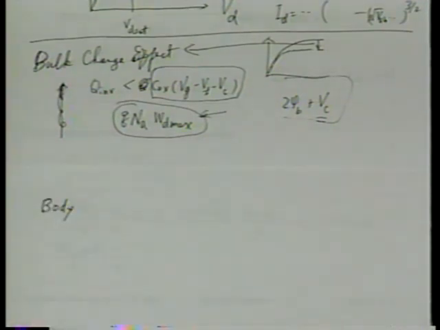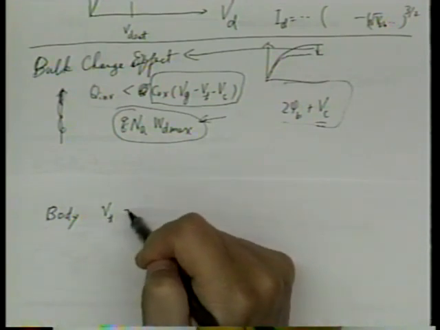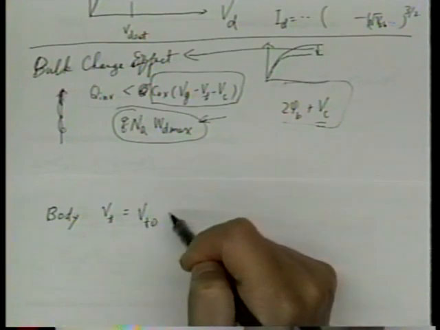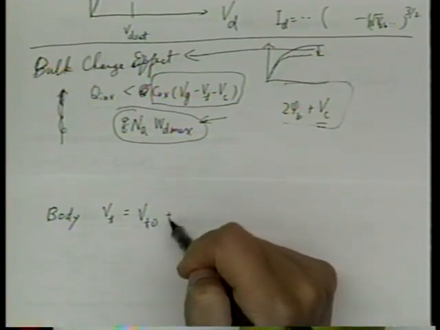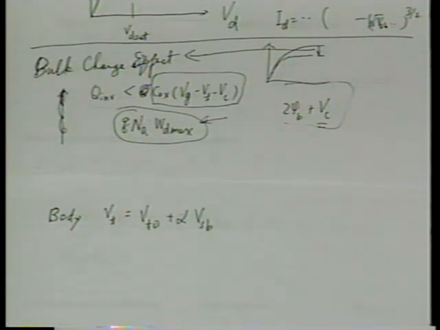Right? Body effect simply says VT is a function of body bias, and specifically, I suggest it's linearly proportional to the body bias, right?